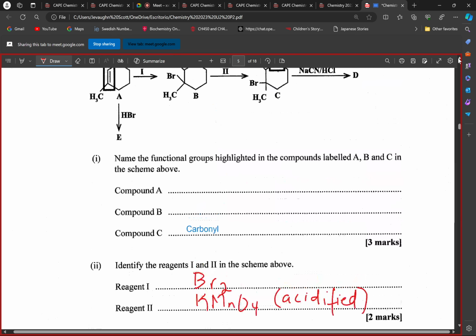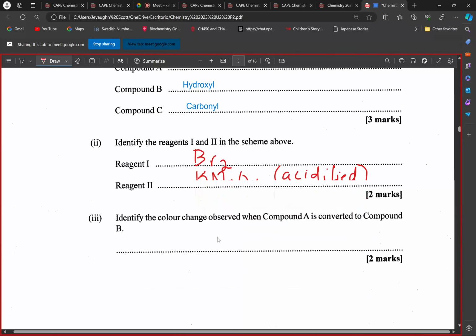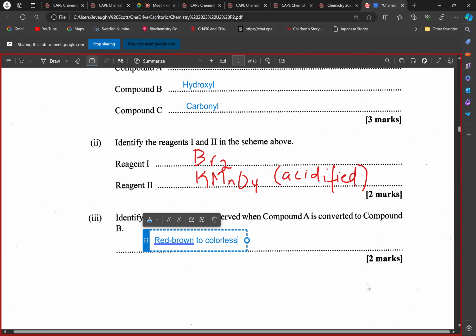It's the same bromine that is decolorized? Because it adds the bromine water. Oh my. Is it? That's interesting. Identify the color change observed when A is converted to B. That's interesting.